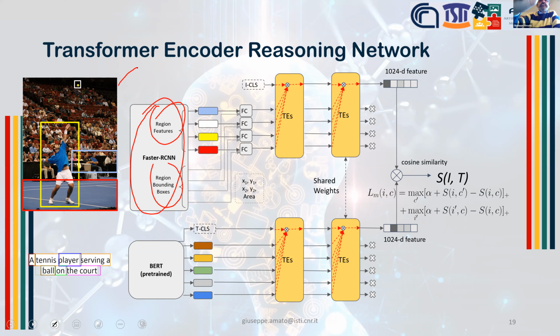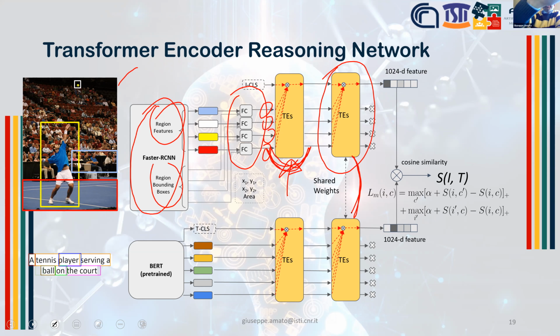This information is given to a battery of fully connected neural networks, and then the resulting vectors are given to a transformer encoder, which internally contains several layers. The output of this battery of transformer encoders is given to a final transformer encoder, which has shared weights with the textual part.